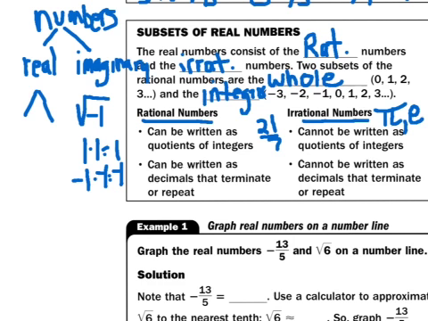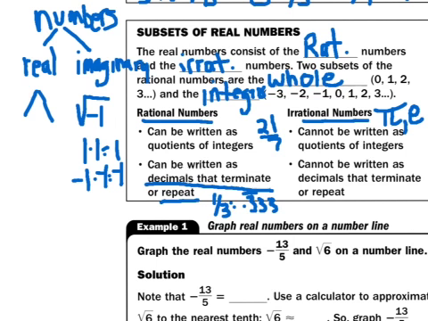A rational number can be written as decimals that terminate or repeat. You know that 1 divided by 3 is 0.3333 repeating. And that would satisfy the results for a rational number.